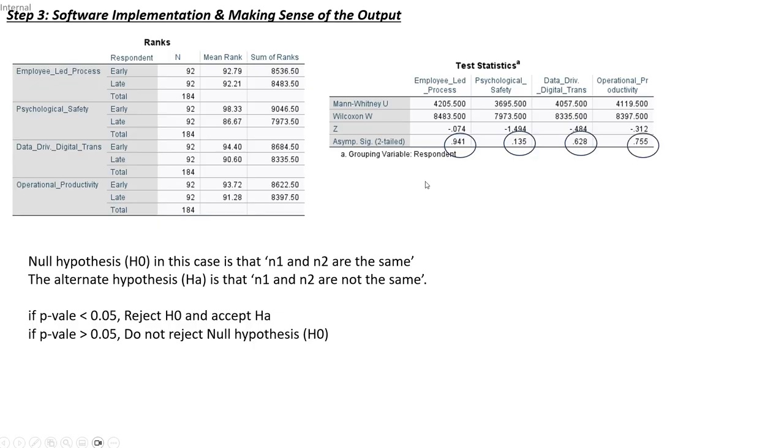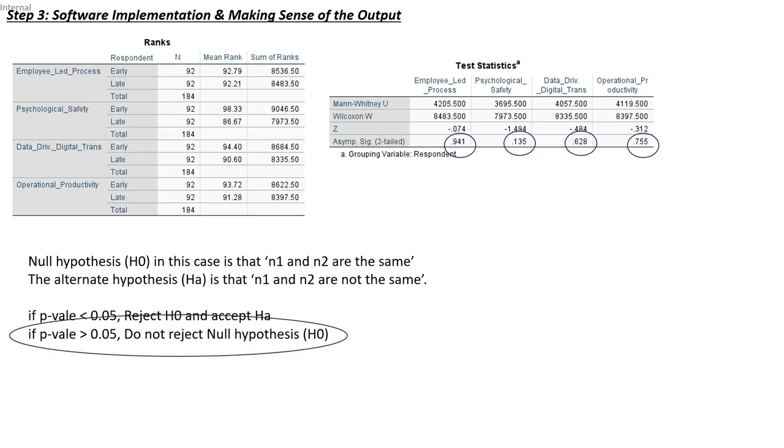We can see that the p-values for all four theoretical constructs, comparing N1 and N2, are significantly more than 0.05. That means that we do not reject the null hypothesis. We keep the null hypothesis.